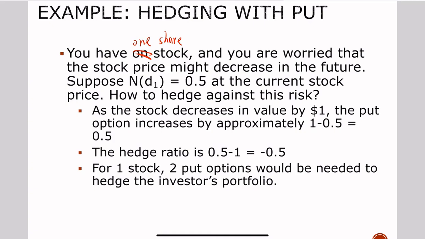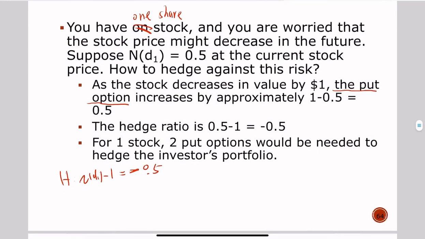So first, let's say you will want to buy put options. And we know that if you have a put option, then the hedge ratio is N(d1) minus 1, which is minus 0.5.